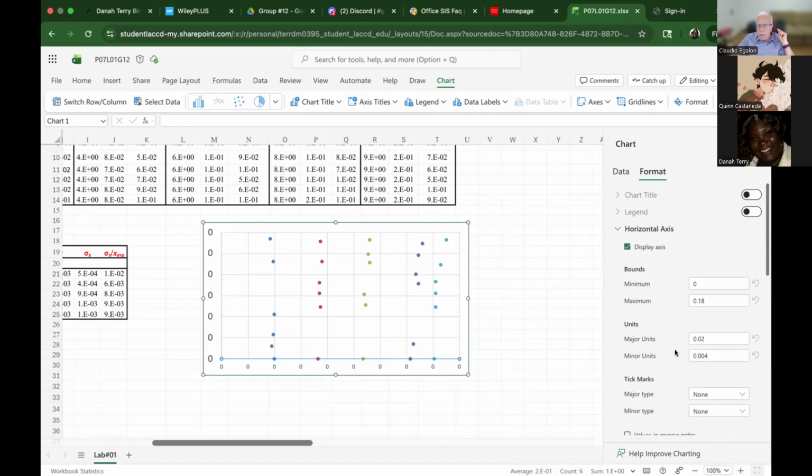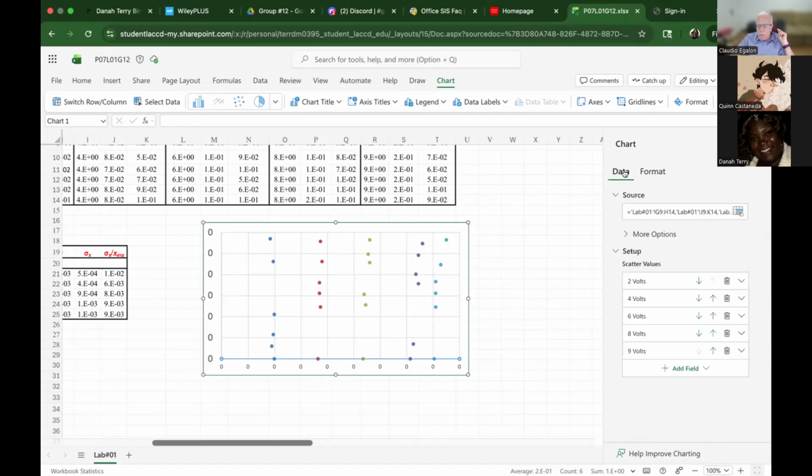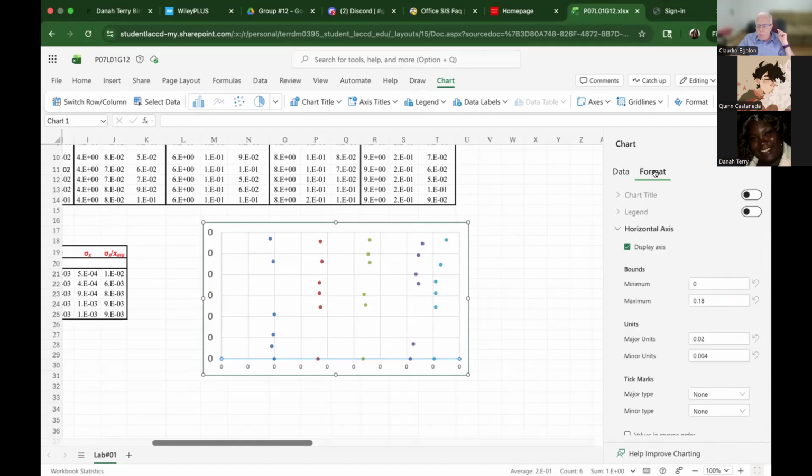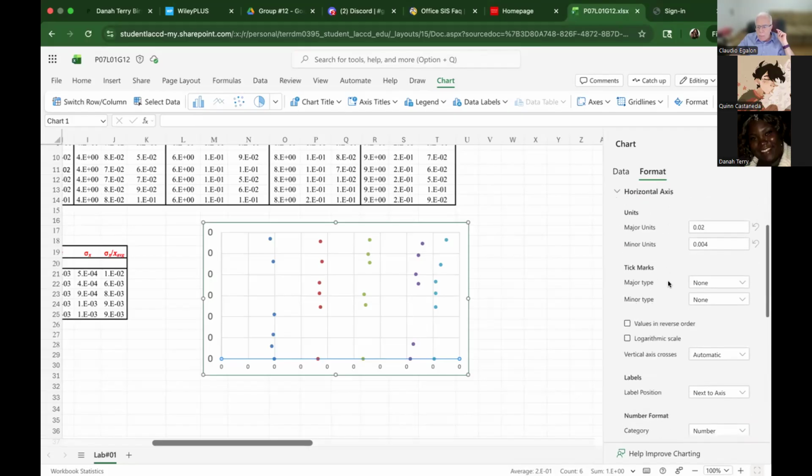Data at the top. Let's see what's going on. It's showing differently. Click format again. I'm suspecting that your number format, oh yeah, here you go.